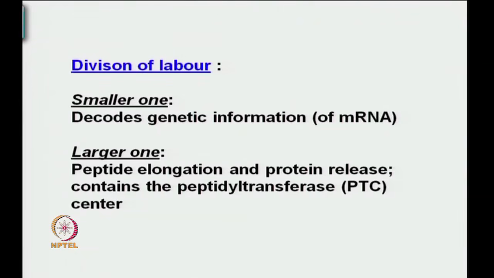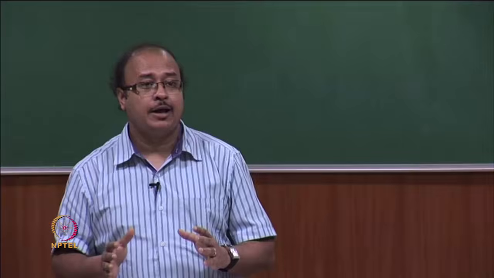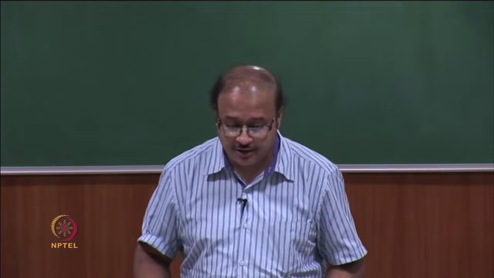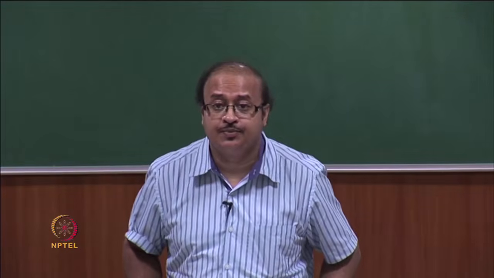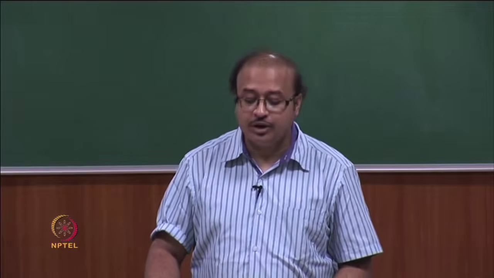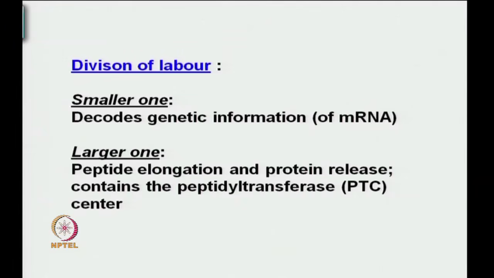What does the larger one do? If one unit is doing this, then the other unit better help us in synthesizing the peptide. So, peptide elongation and protein release is done by the larger one, and it contains a very important center called the peptidyl transferase center, where your peptide bond is actually being formed.